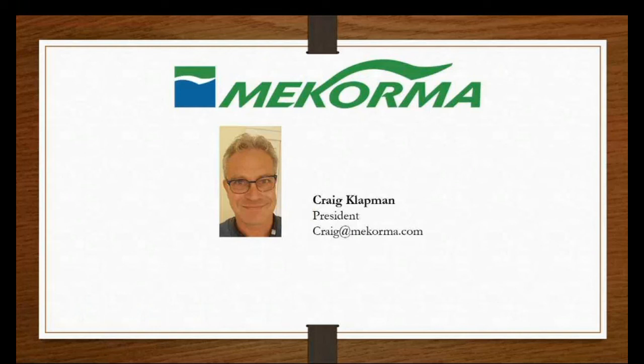Someone's asking, is there a report that shows the detail of the check selected and the amount paid so that it can be reviewed before the checks are printed? Well, if you use Mekorma Secure Approval Workflow, which is in Mekorma MICR, then if you're the approver, you can drill down from the approval screen and see what's in the batch, and you can see all the different invoices being paid for each check.